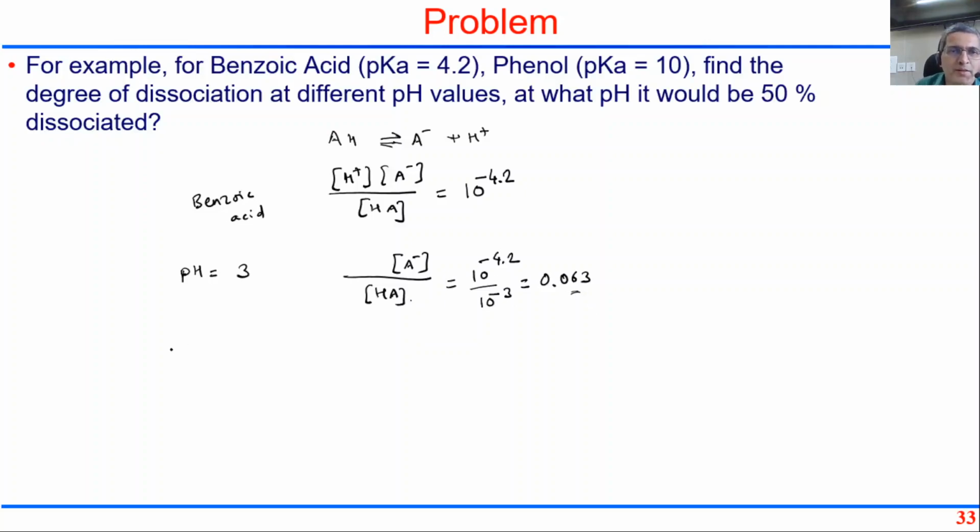So suppose we had started with a 1 molar solution of HA, and suppose X moles had dissociated.